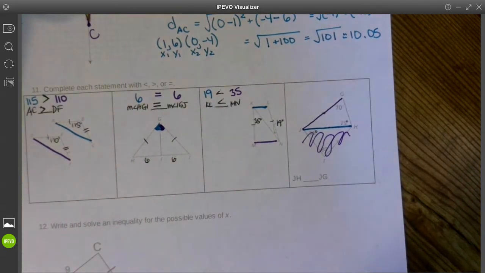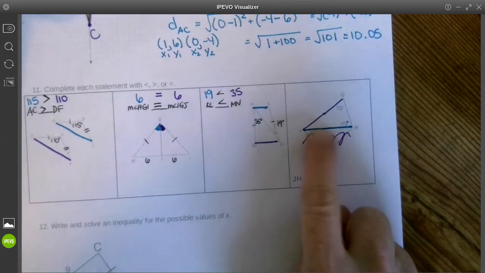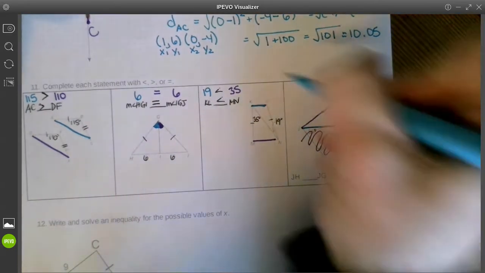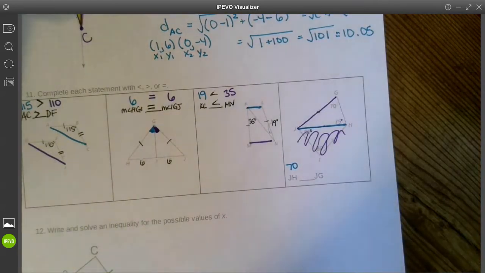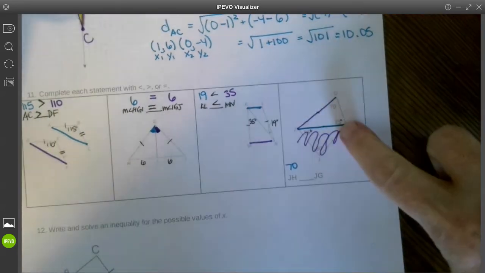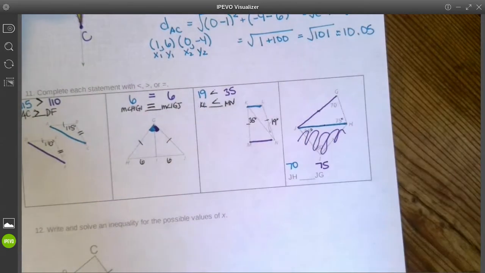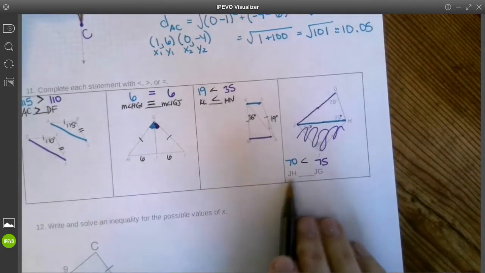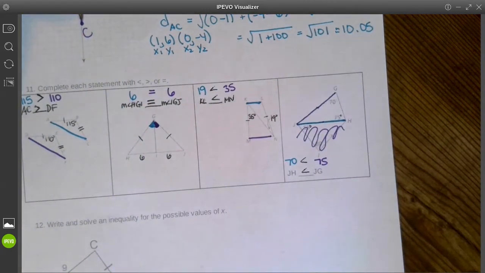So remember, to do this, I need to look at the angles they are opposite to. JH is opposite angle JGH, which is 70 degrees. And segment JG is opposite 75 degrees. Well, 70 is less than 75. So whatever the length of JH is, it must be less than the length of JG.